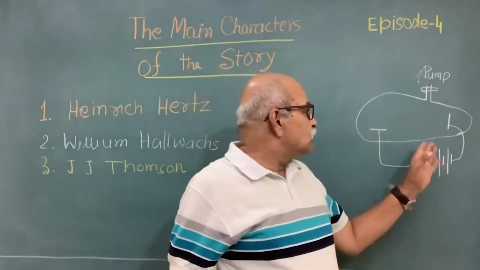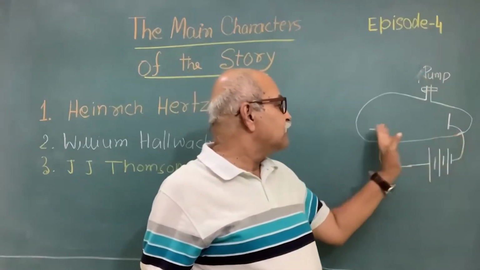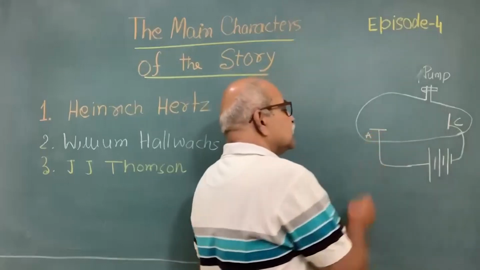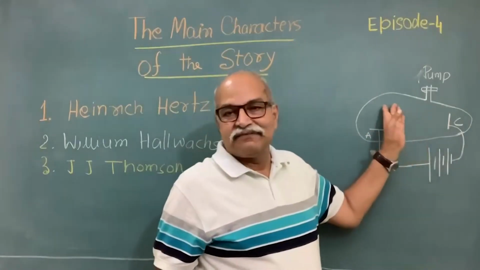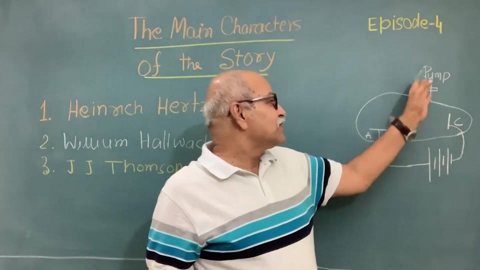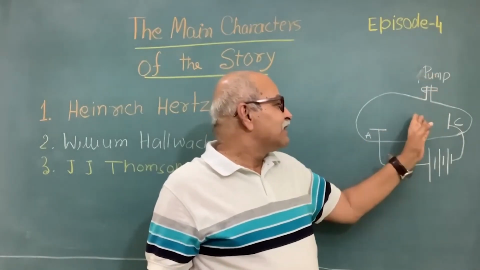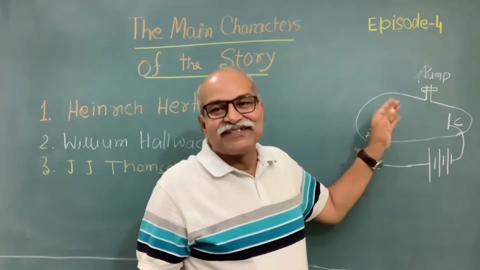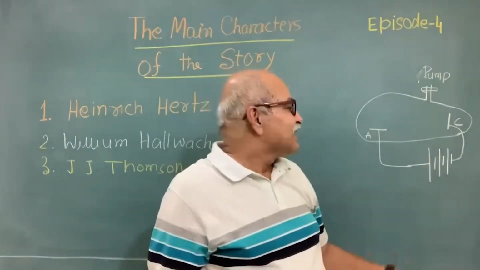So when you reduce the pressure and apply high voltage between cathode and anode, first varieties of colors appear inside this tube. But if you go on reducing the pressure, finally everything becomes dark and all colors are gone. That's a separate thing.